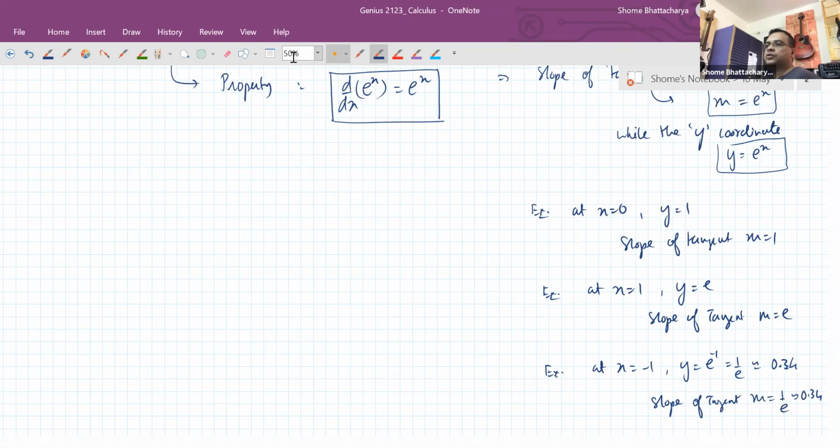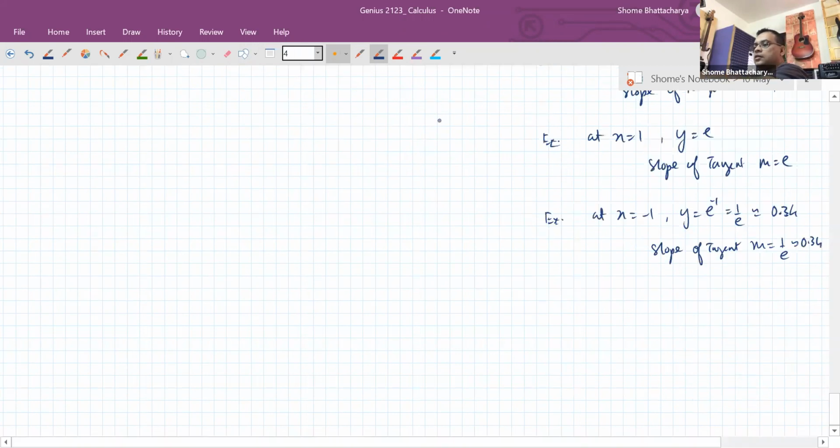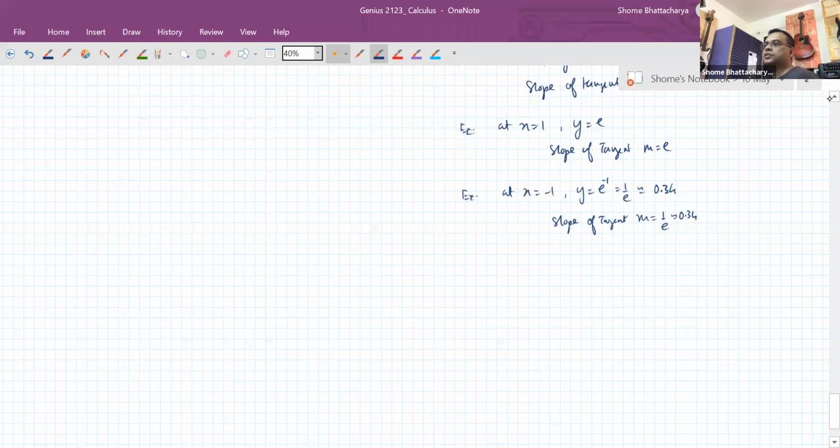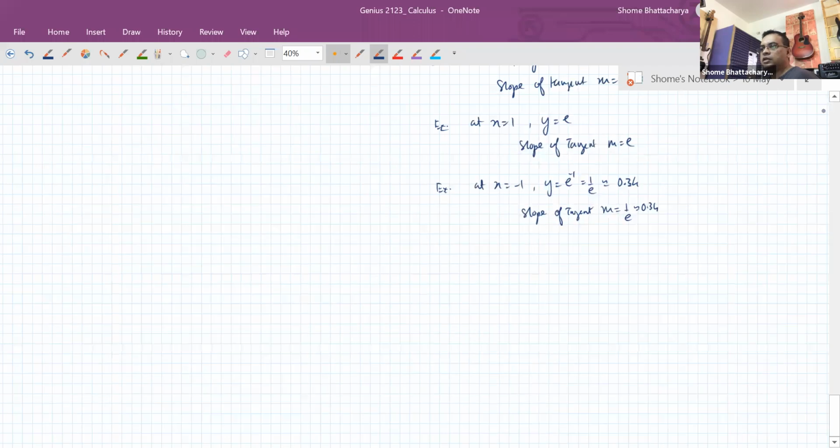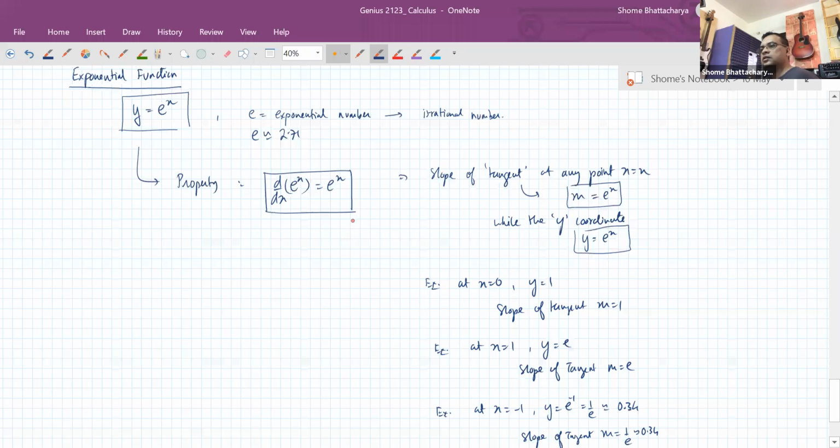Next we'll understand in terms of graph what this means. But first of all, you can write down this basic formula: for the exponential function, the value of the derivative is this.